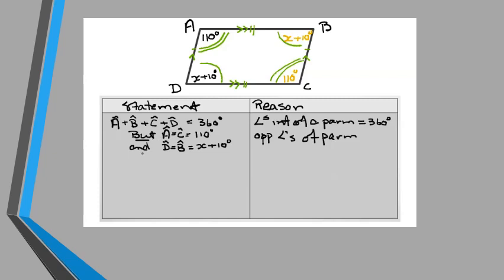Now I'm going to do my substitution. Therefore, I can make the statement now. Angle A has the value of 110 degrees, plus angle B, which according to the sketch and my statements is x plus 10 degrees, plus angle C, which is 110 degrees, plus angle D, which is x plus 10 degrees.